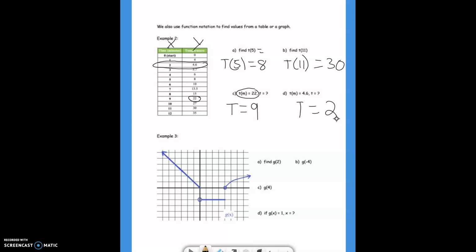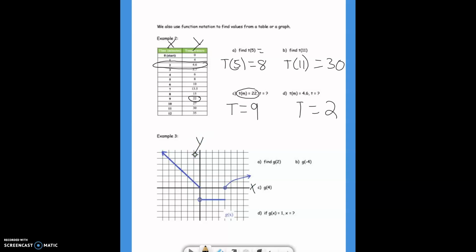All right. Now, the last example I have here for you guys is a graph. All right. So again, remember that this is the x value for the first two problems. There's my x, there's my y.